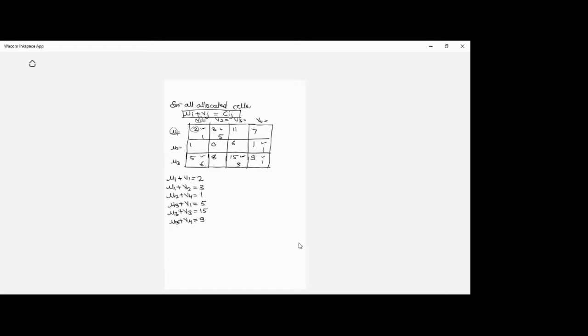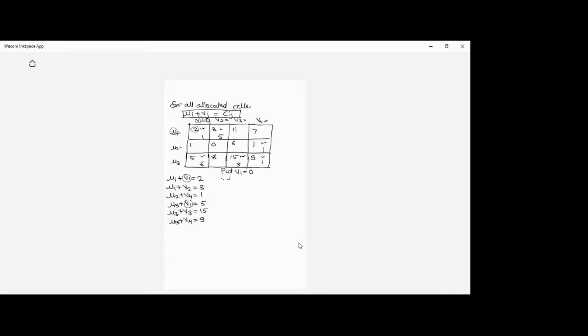So to make it easy for us to solve, we are going to put v1 is equal to 0. Put v1 is equal to 0, right? So we will be writing the value of v1 directly here. Now, in all those equations where we have the v1 value, for example this equation and this equation, we can get the values of u1 and u3 directly.